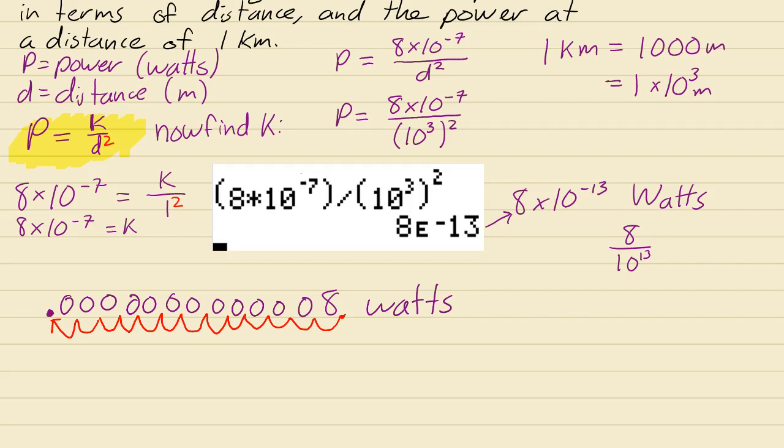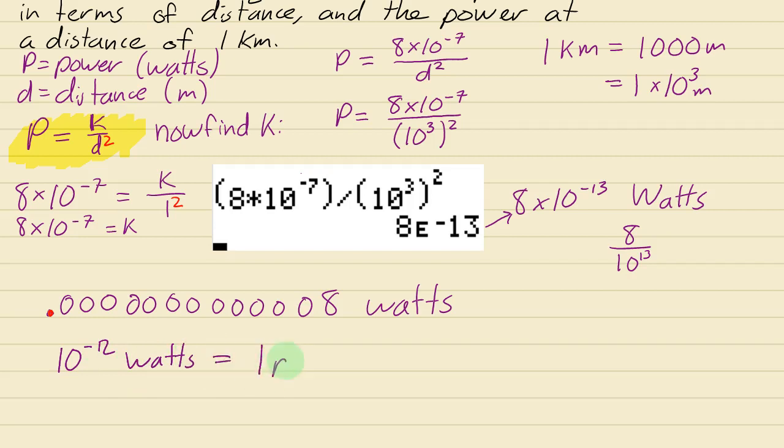By the way, this is not usually the way you would write this number. You wouldn't usually measure this in watts. They have different units of measurement for things this small. 10 to the negative 12 watts is defined to be 1 picowatt. The prefix pico generally means 10 to the negative 12.